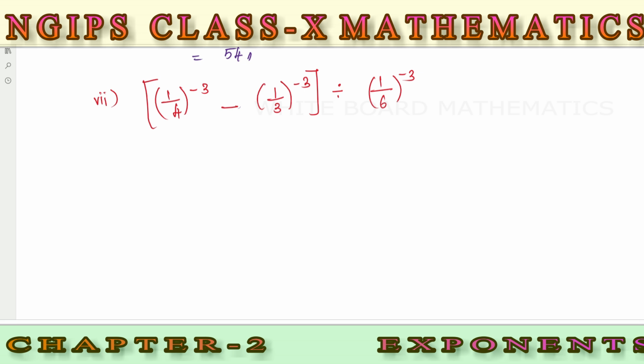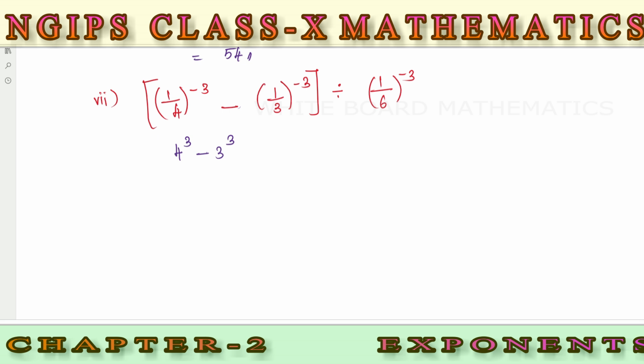First I am going to make all the powers positive by taking the base reciprocal. So 1 by 4 has become 4, the negative integral has become positive. Minus 1 by 3 has become 3, power minus 3 becomes plus 3.